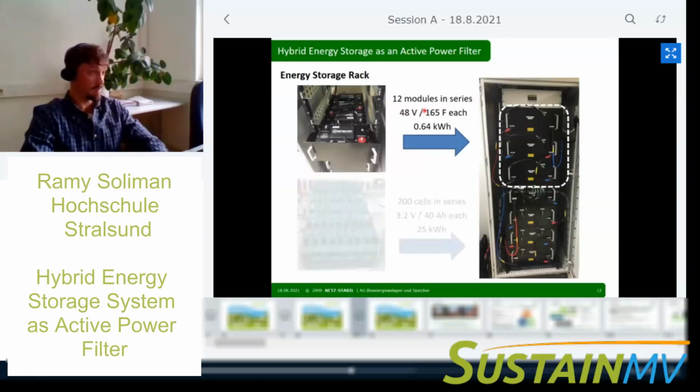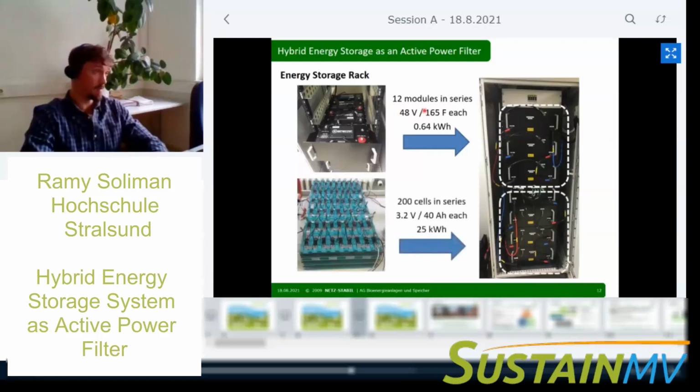And down below, in the four racks below, we have our lithium-ion battery. It's actually 3.5 racks, because in this rack we also have a battery management system. Basically this is one rack, and we have in total 200 cells in series.